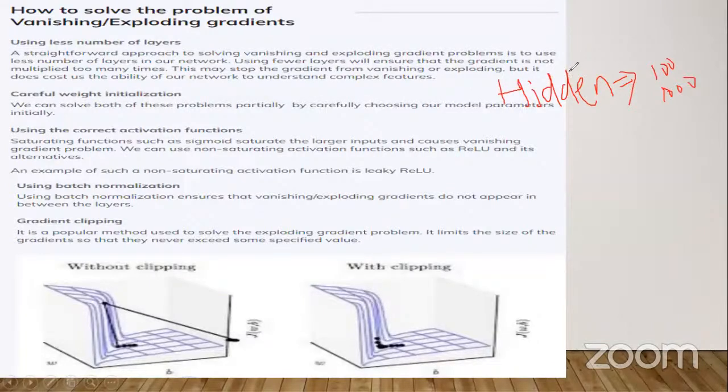So if you use many hidden layers, we understood that when we do back propagation, going layer by layer, the weight updation will be very slow or negligible, because the difference will be very small, because the old weight will not be much different. It will be almost similar to the new weight.